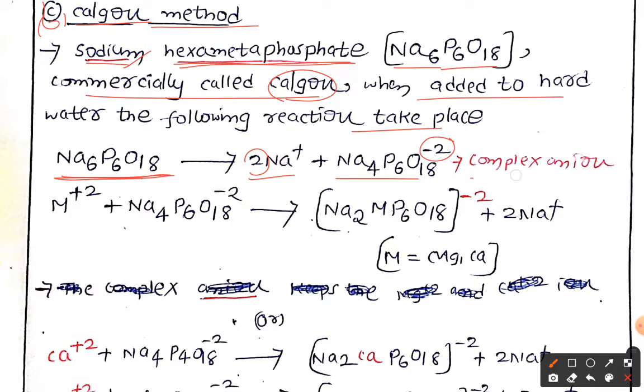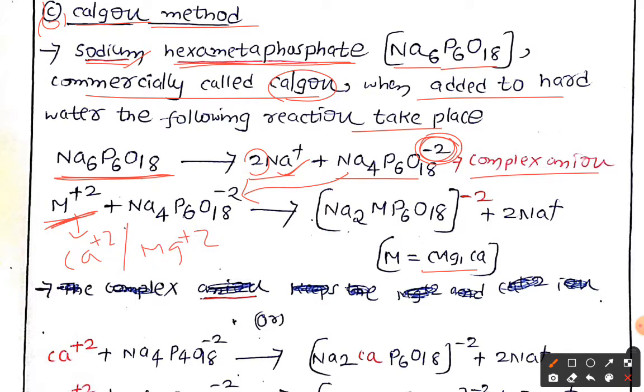This is a complex anion. Why? Because 2 sodium ions leaving means it is losing 2 electrons, so you get a charge of -2. Now this complex is going to react with the calcium or magnesium ions in the hot water. Here M plus means you take either calcium or magnesium ion.